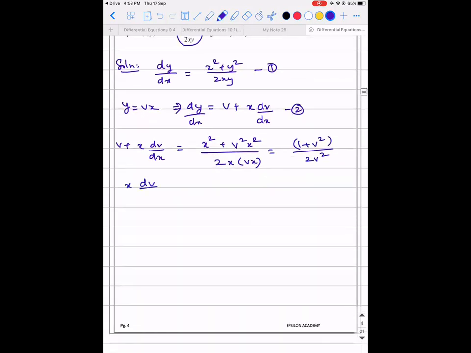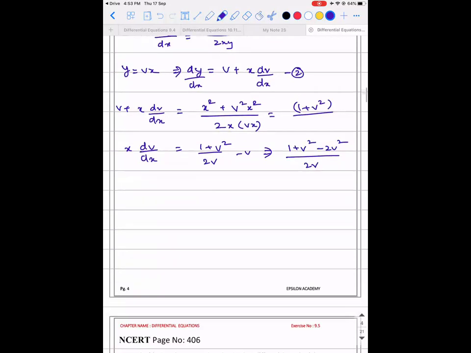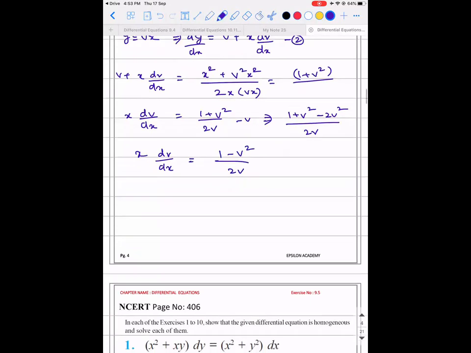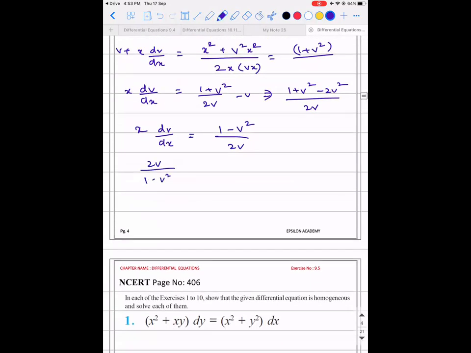Replace it. x into dv by dx is equal to 1 plus v square divided by 2v minus v, which implies 1 plus v square minus 2v square divided by 2v. So x into dv by dx will be equal to 1 minus v square divided by 2v. So 2v divided by 1 minus v square into dv is equal to dx divided by x.